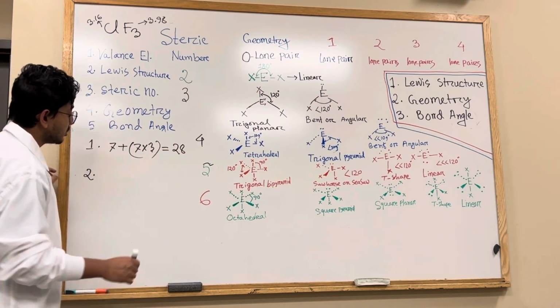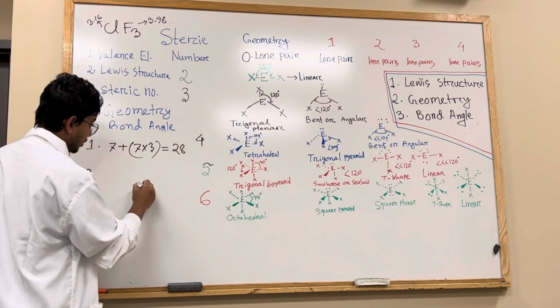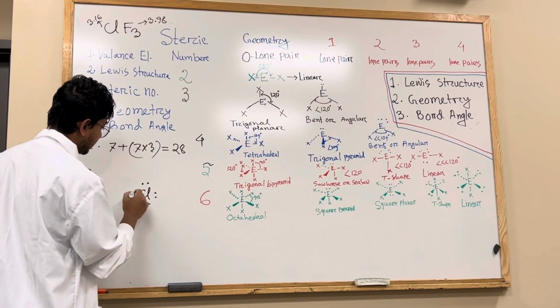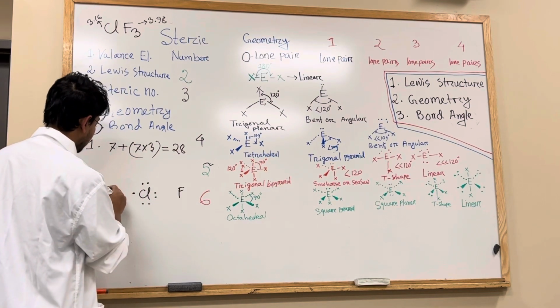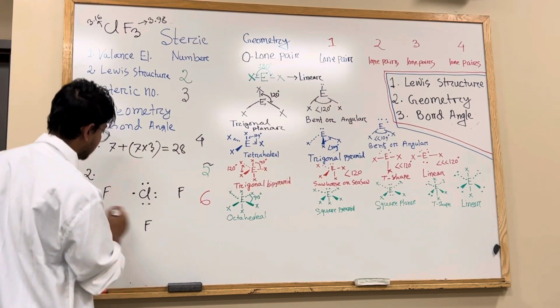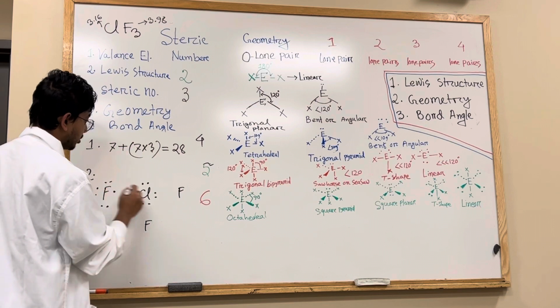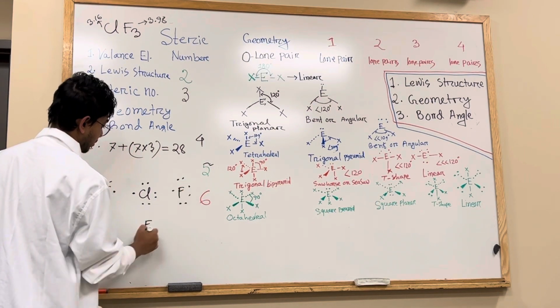Let's draw the Lewis dot structure. Chlorine has 7 valence electrons. I put the 7 valence electrons like that, then I put the 3 fluorines around the chlorine, and I put a dot here because fluorine also has 7 valence electrons.